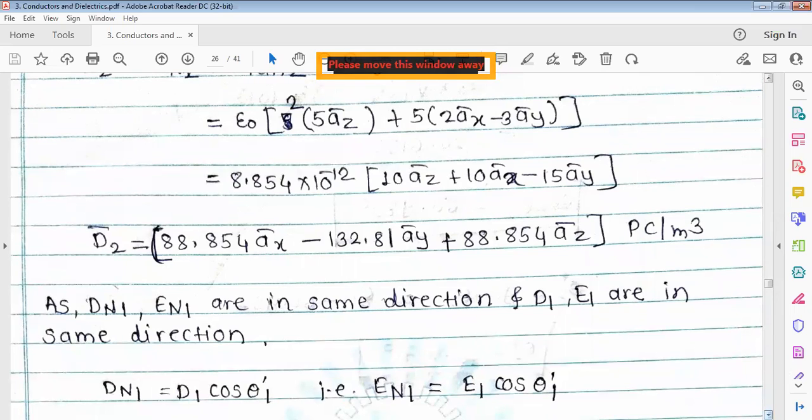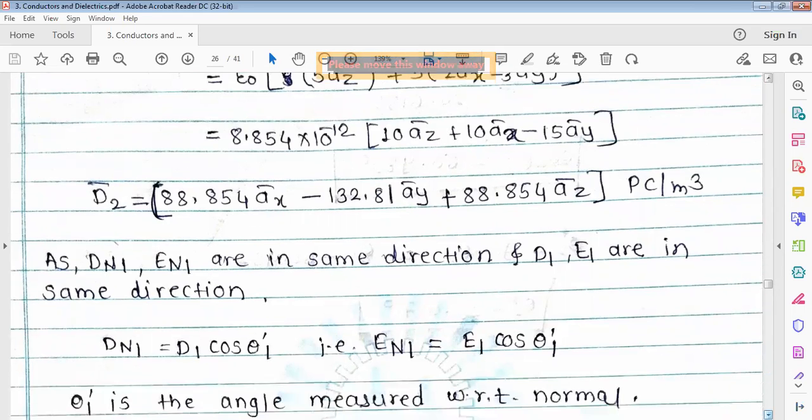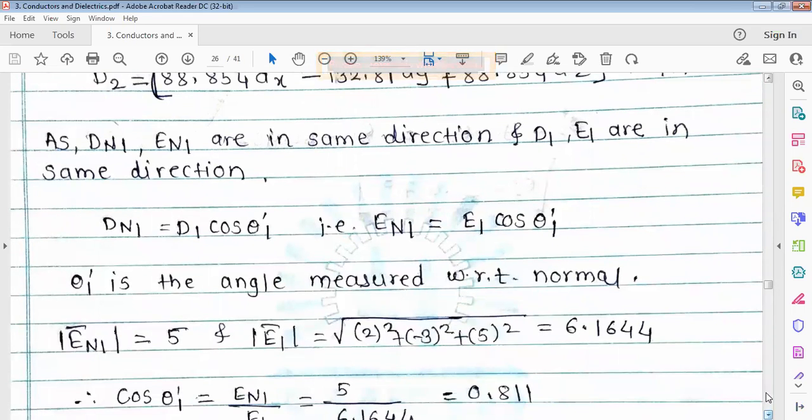As Dn1 and En1 are the normal components, they are in the same direction, and D1 and E1 are also in the same direction.